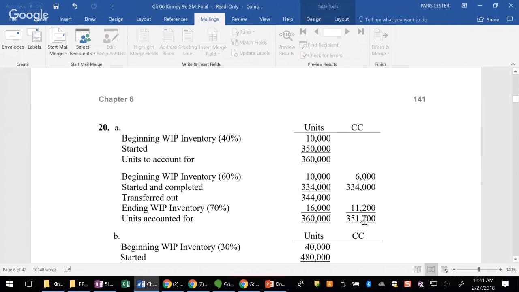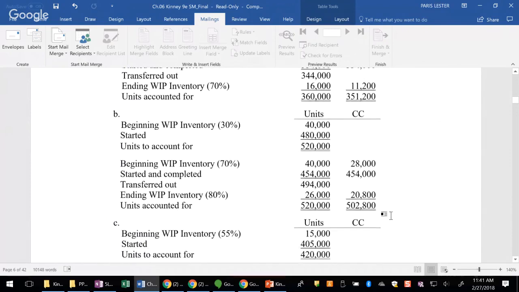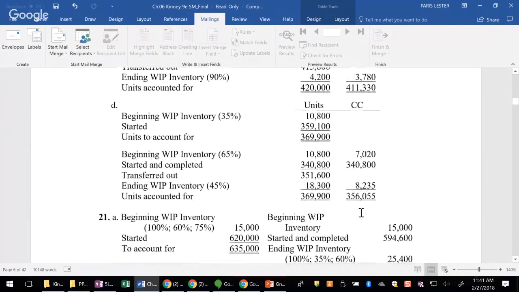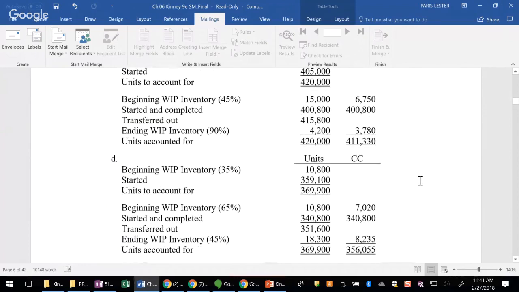Here, CC is 351.2. And here, CC is 5028. And CC is 411,330. And CC is 356. Okay. Any questions on FIFO? On any of these? All right.